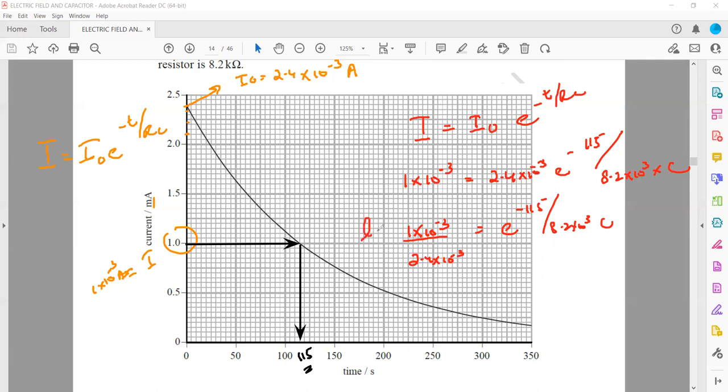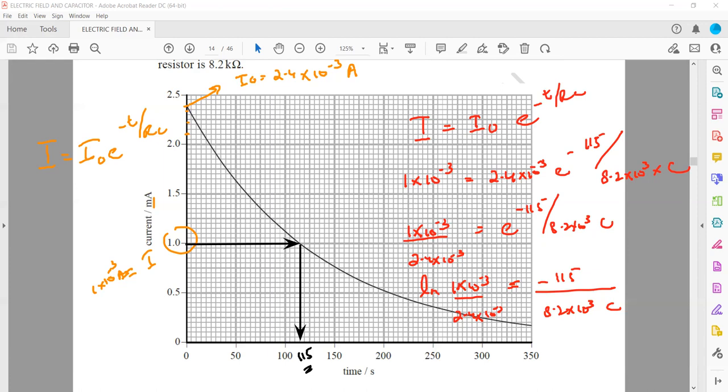Then we'll take ln on both sides. So it will be ln of 1 into 10 power minus 3 divided by 2.4 into 10 power minus 3. And then ln cancels with the e, so it will be minus 115 divided by 8.2 into 10 power 3 times C. Then we simplify and get the capacitance of this capacitor, which is about 1.6 into 10 to the power minus 2, or 0.016.